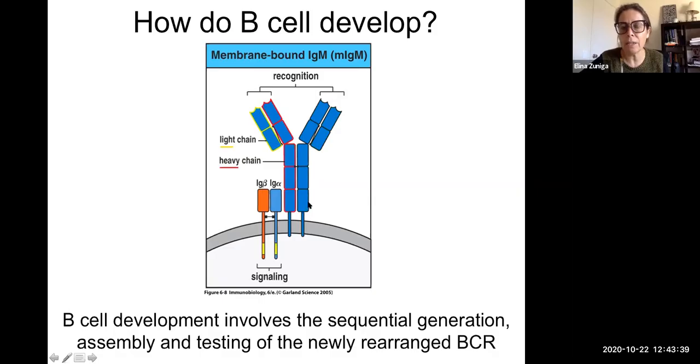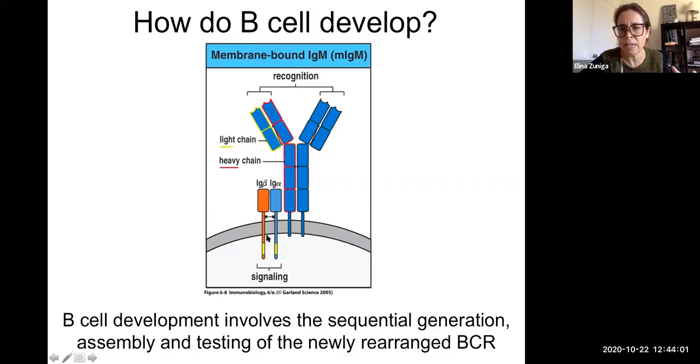This BCR, in all cases, will associate with the polypeptides immunoglobulin beta and immunoglobulin alpha. These are polypeptides encoded in the germline. They don't derive from any rearrangement.